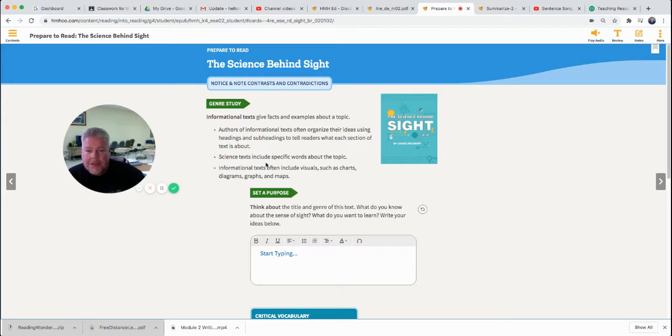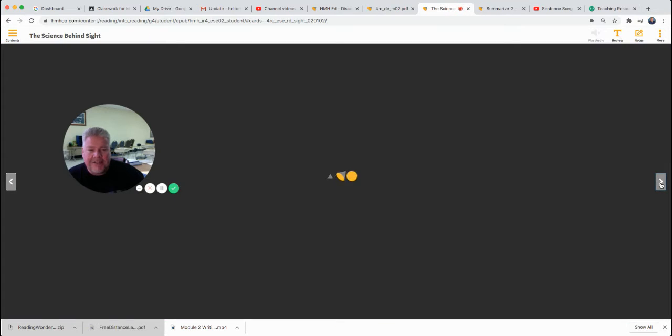Science texts include specific words about the topic. Informational text often include visuals, such as charts, diagrams, graphs, and maps. I think we'll see some of those in our story for this week. So let's take our first look at the science behind sight.